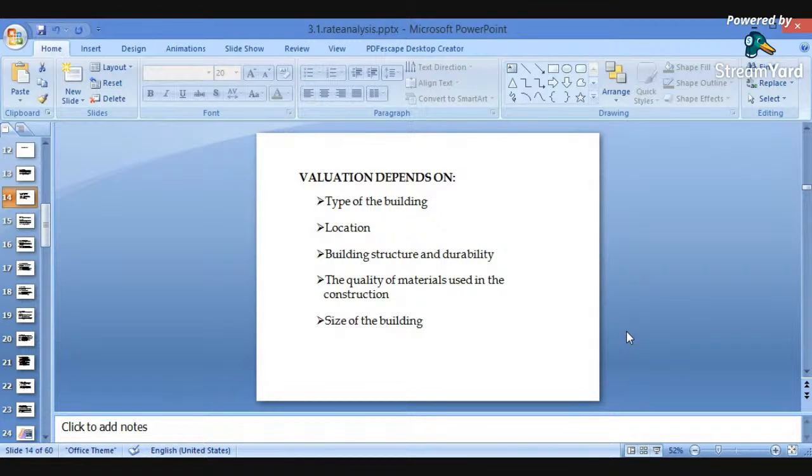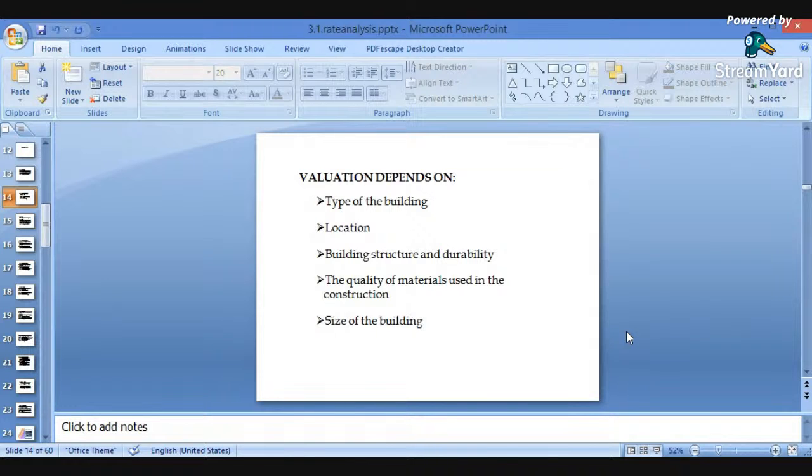Again, the quality of materials used in the construction, as I've already said, whether it is a frame structure or a load bearing structure, or whether it is a wooden structure. In olden days, the construction was made with timber wood also. So depending upon the quality of materials used for the construction, the valuation of the property will be decided.